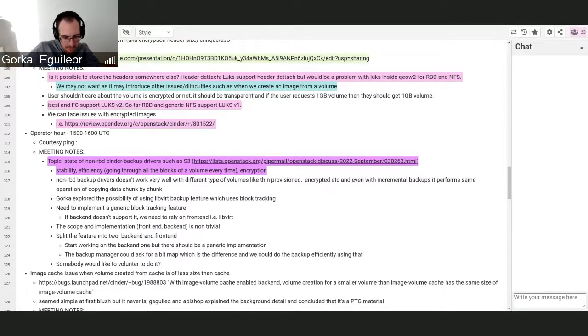Okay, I see what you mean. So we are not talking about a different encryption key for each of the backups or each project, but a global one. Okay, I see. Yes, so that nobody from the public side can see it.